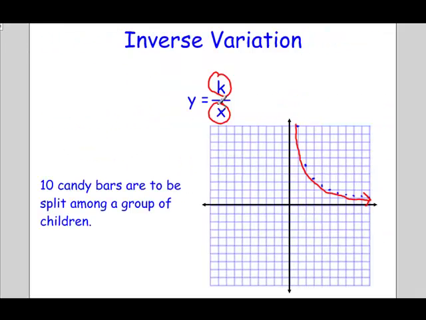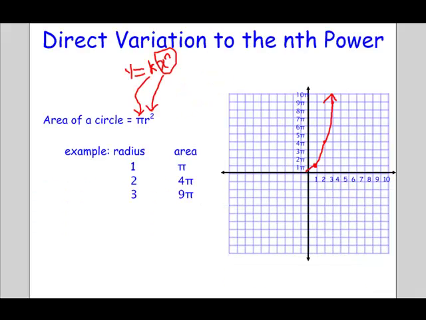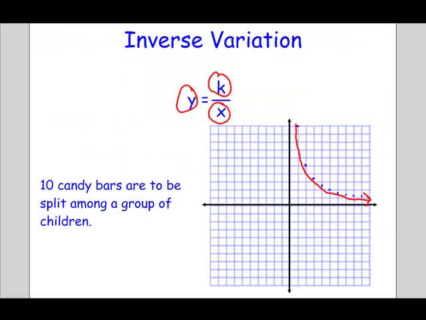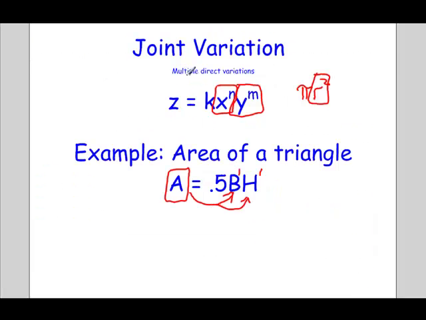Inverse variation is, as x increases, y is going to decrease, as opposed to the first two, as x increased, y is going to increase as well. And then finally, joint variation, where it's directly related to two different variables. Two different things are affecting the final thing, the final value. Okay? Sounds good.